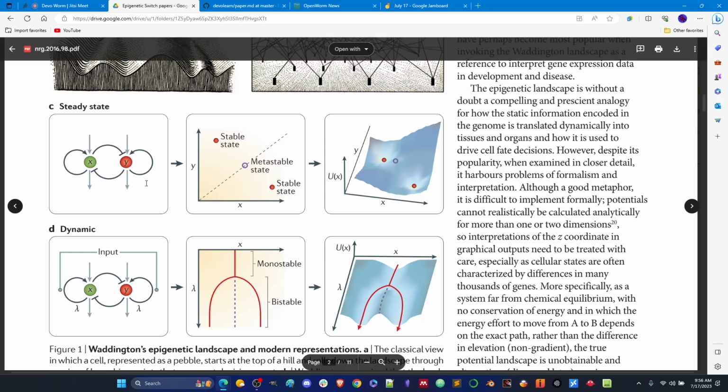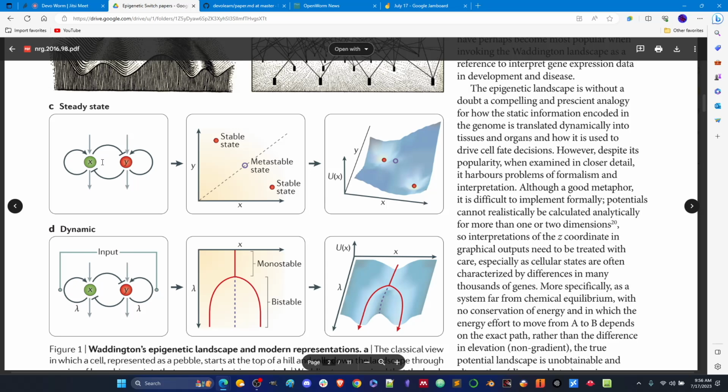And there's this feedback loop between X and Y, where these are the two cell states, and this feedback keeps it in the stable state, but there's also this brake that keeps it from converting to another cell type. When that brake is removed, of course, you can go to the new cell type.